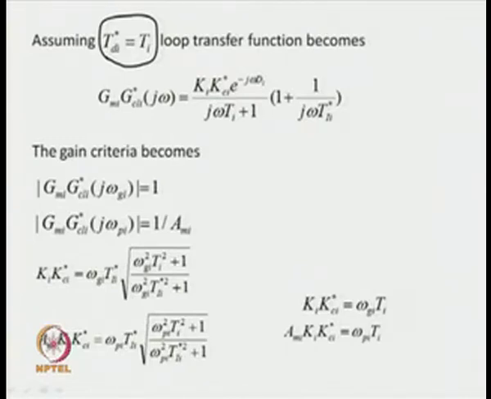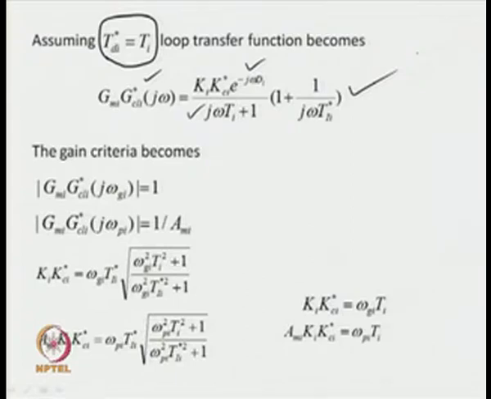With that assumption, the loop transfer function becomes GMi GCLi star(j omega) equal to Ki KCi star e to the power minus j omega di upon (j omega Ti plus 1) square times (1 plus 1 upon j omega Ti star). So, the frequency domain representation of the loop transfer function is given in this form.